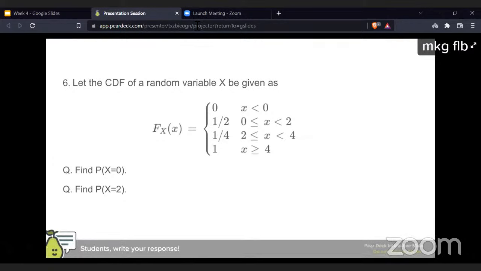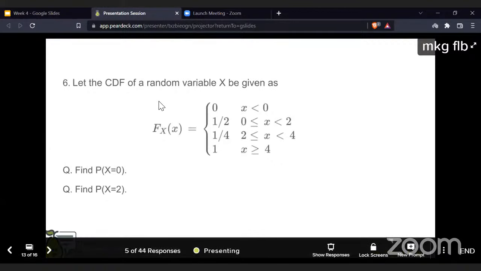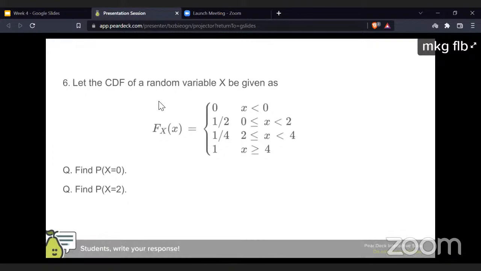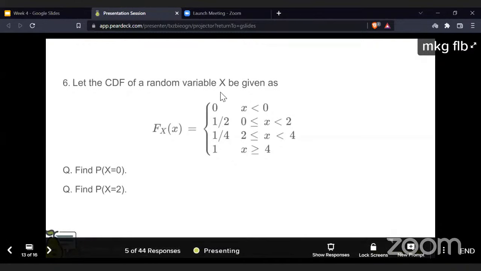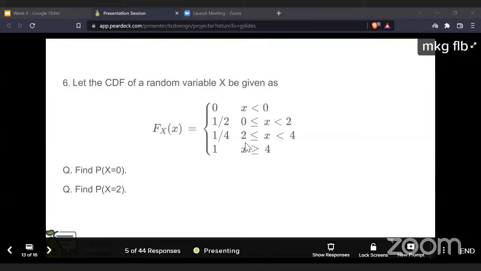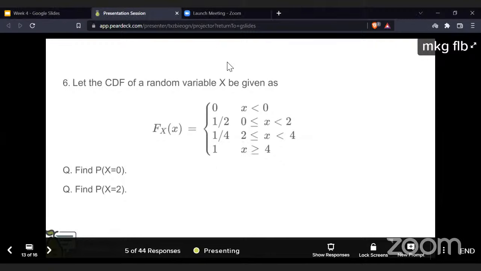It should always be increasing, but in this case, it is decreasing. Okay, yes, right. Sorry. Yes, it is decreasing. Not a valid CDF. Thanks for pointing out.